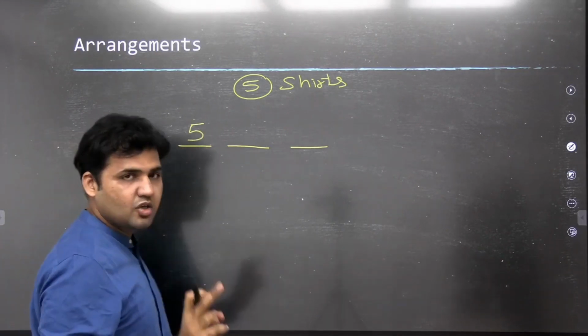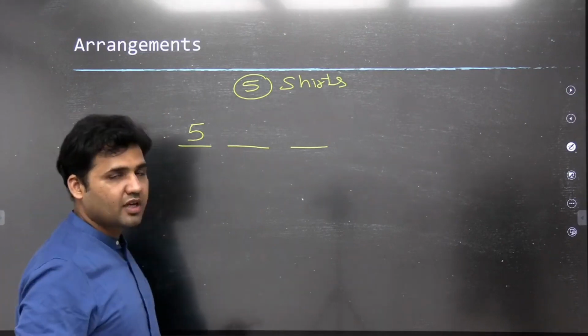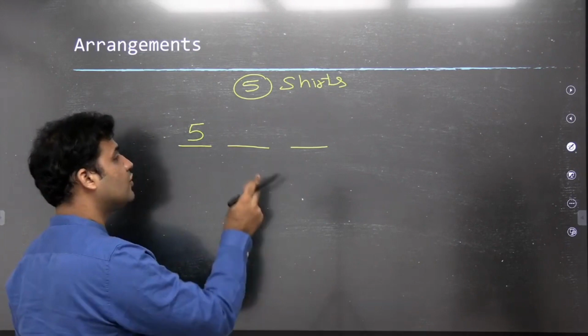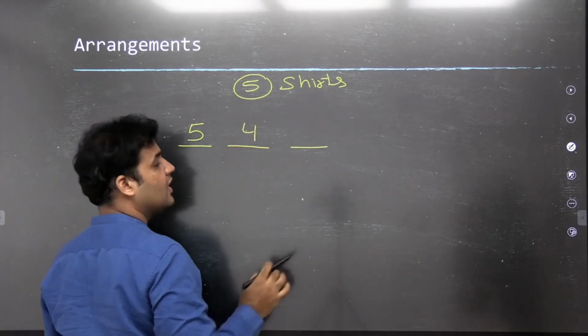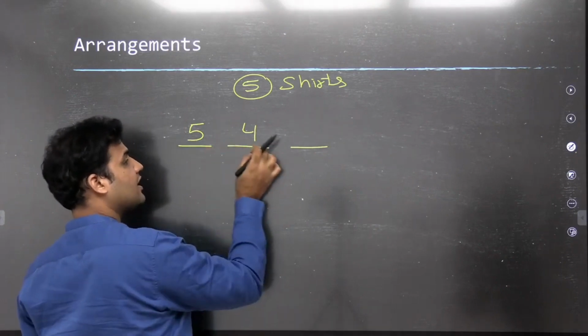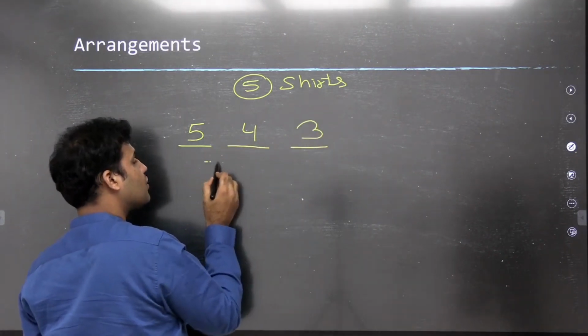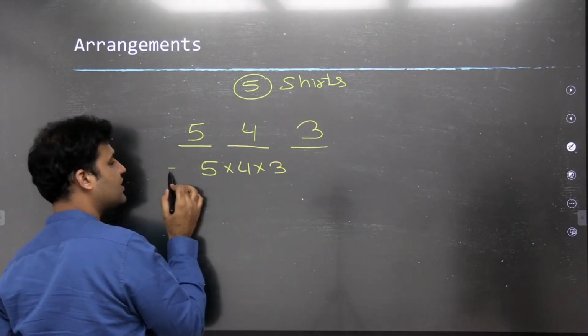I can place any of the 5 shirts on the first position. Once a shirt is placed over here, I will be left with 4 more shirts, and any of them can come over here. So the second place can be filled in 4 ways. Once a shirt is placed here, I will be left with 3 more shirts. The third place can be filled in 3 ways. So the total number of possible arrangements is 5 into 4 into 3, that means 60, and this is the answer of the question.